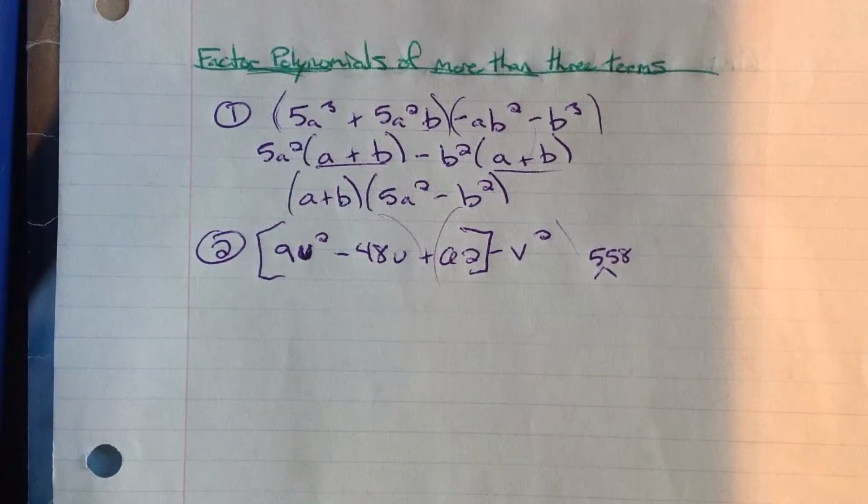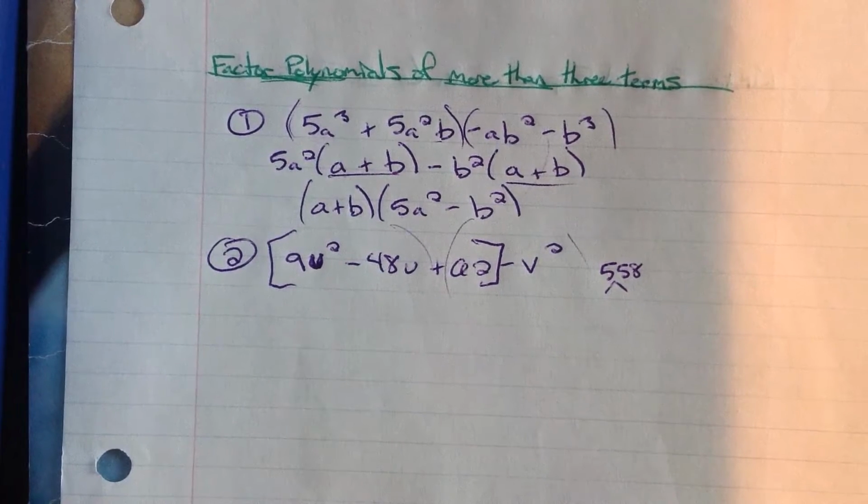We can try different pairs, see if we can find one that works. 31 and 18 doesn't quite work. So you keep trying these factors.